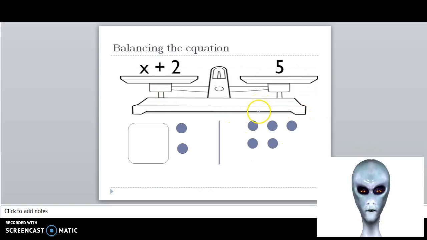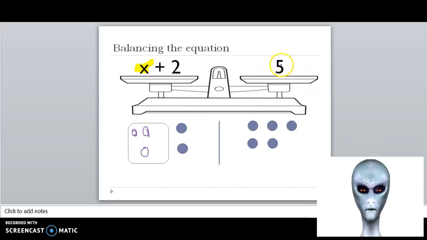So I have 5 circles here. I have 2 circles here. If I put another 3 circles, I have 5 circles on this side, which will balance out this side. So in this case, x is represented as 3. Because if I plug in 3 for x, 3 plus 2 is 5, which will balance out this side of the equation.